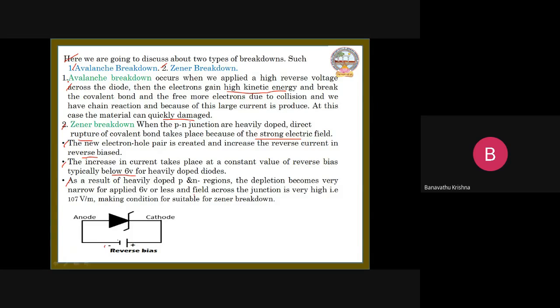Then the diode acts in reverse bias condition. By increasing this voltage, a large number of carriers are generated because it is heavily doped material, and adequate power is dissipated across this junction. Then we can easily measure the reverse bias current in the reverse bias condition using the Zener diode.